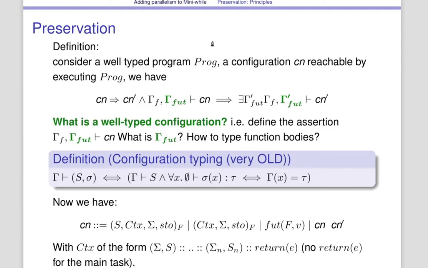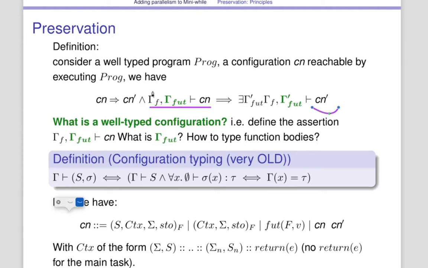As I said, preservation is: consider a well-typed program, and a configuration that is produced by this program, so that is reachable by executing the program. The point is to prove that if a step of reduction is possible from this configuration Cn, and Cn was well-typed, then after the reduction, Cn prime is still well-typed.